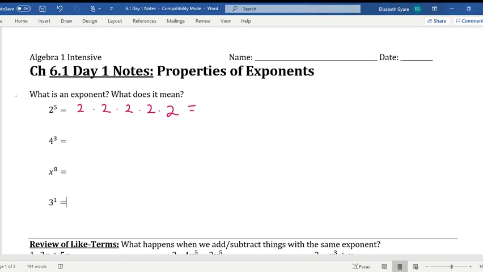Now, if you have a handy dandy calculator, I highly recommend getting it out. Or you can always use your phone calculator, or there is a calculator on your device. There are a few different ways to plug exponents into your calculators. First of all, you could just do 2 times itself 5 times. Another way is to look at the left-hand side of your calculator, where there's a little up arrow button that looks like the top part of a triangle.